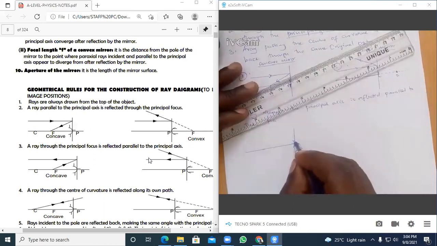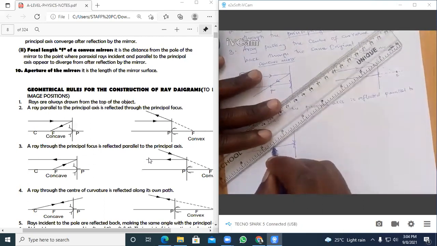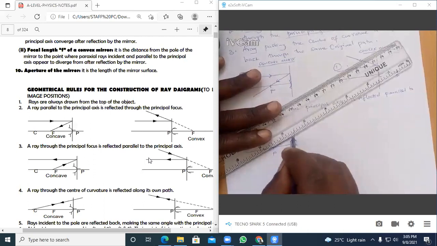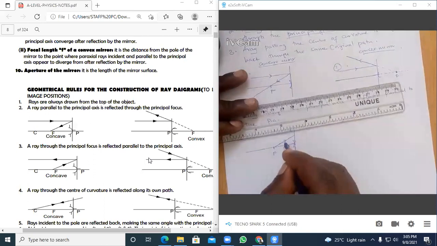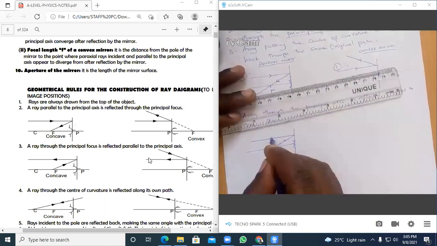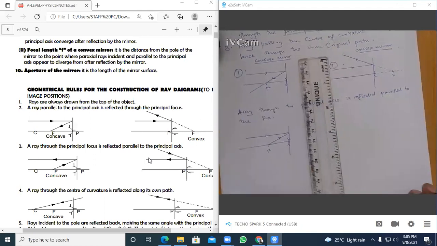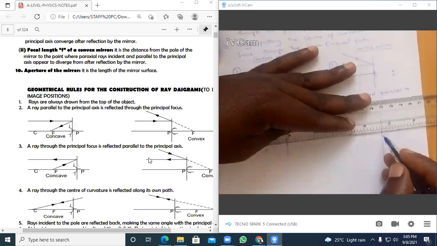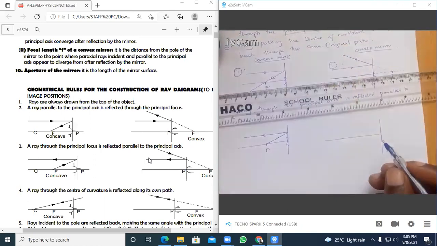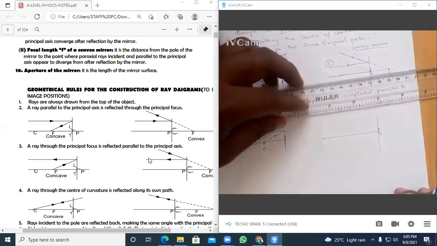So this is for concave, and if this is the focal point, so the ray from the principal axis, this is the ray after reflection to be parallel to the principal axis. And also the side for the convex, the same way, draw a straight line, do this line like this, and then show that this is a convex mirror.